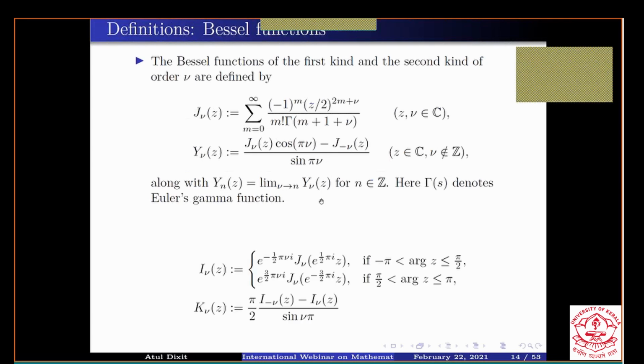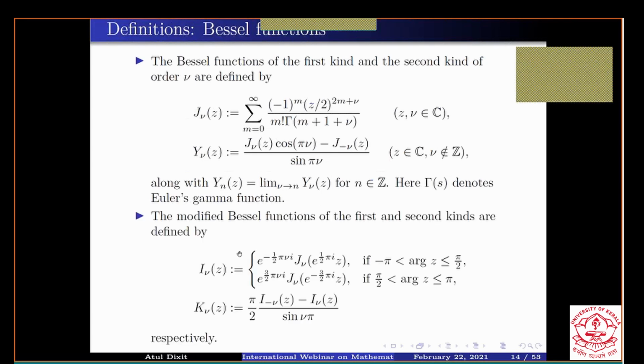There are also modified Bessel functions. This is the modified Bessel function of the first kind, expressed in terms of J, and there is the modified Bessel function of the second kind, which is expressed in terms of I. So you see everything is expressed in terms of J. This is going to be the very important function for our work.